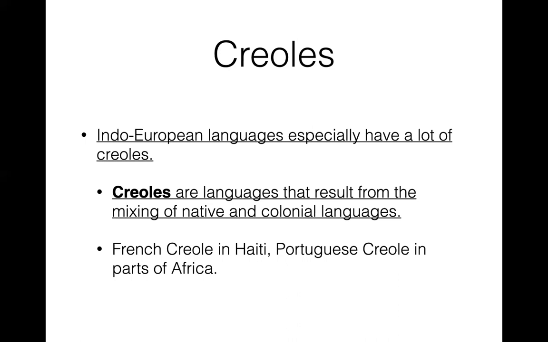And eventually the languages start to meld together. So the people still might be learning their native language, but they're also learning pieces of the colonial language, and it eventually creates a new language where instead of those kids learning to speak their native language or the colonial language, they're learning this hybrid instead.